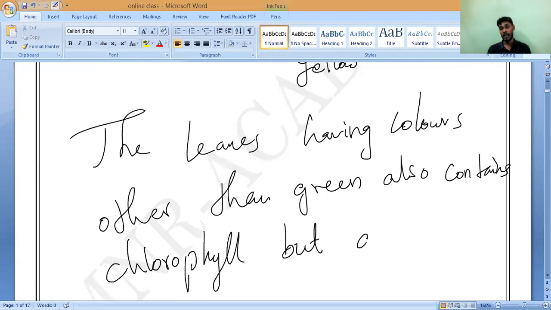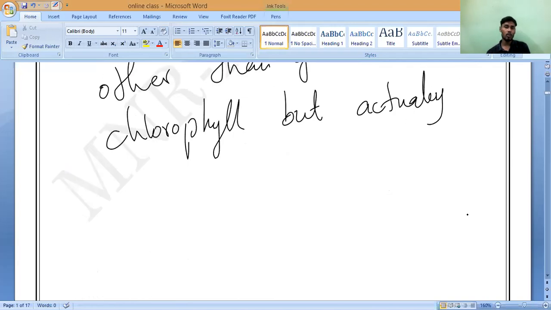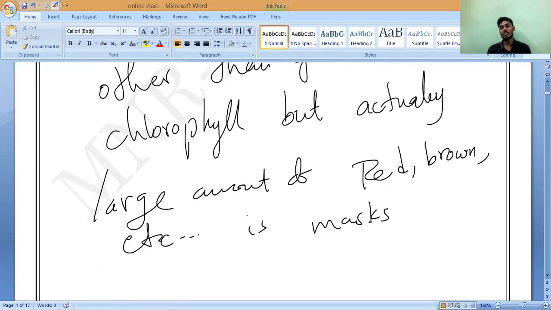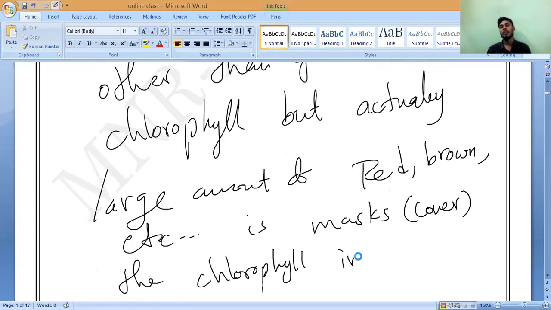But actually a large amount of red, brown, etc. colors masks it. What is the meaning of mask? Mask means cover the chlorophyll in leaves. That is what.